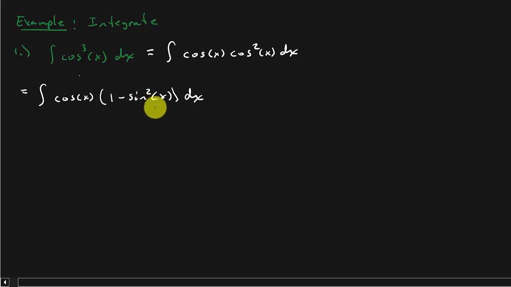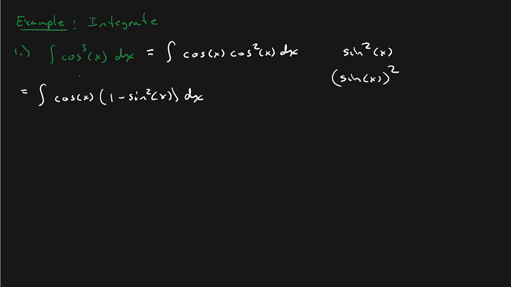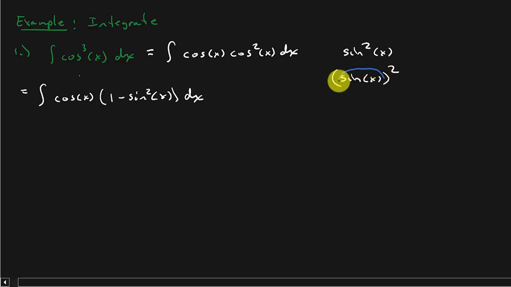Remember, sine squared x is the same thing as sine x, all of that squared. Inside the parentheses we've got sine x. And what's the derivative of sine? It's cosine.